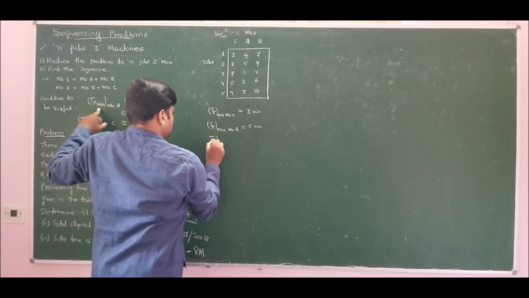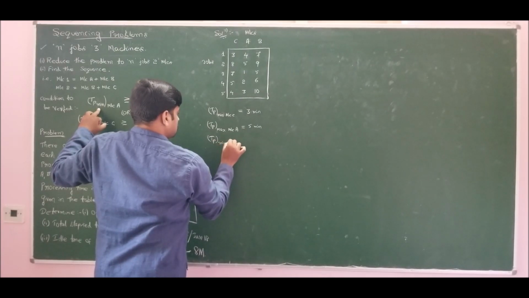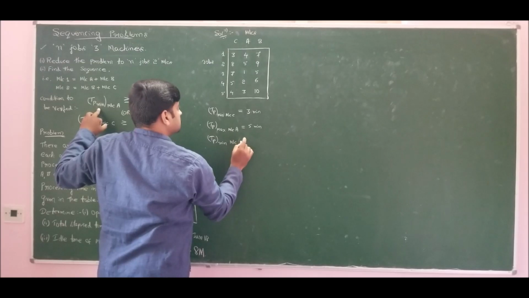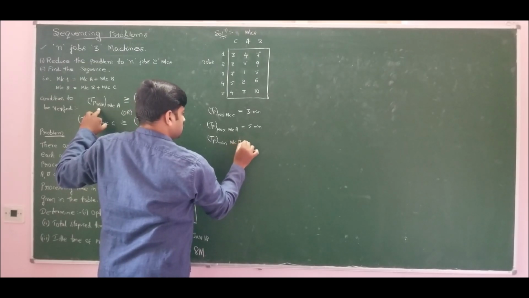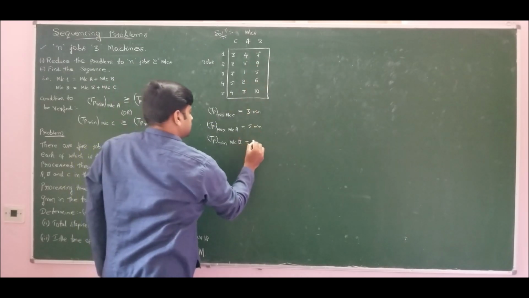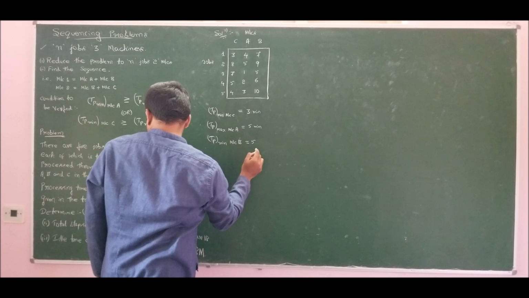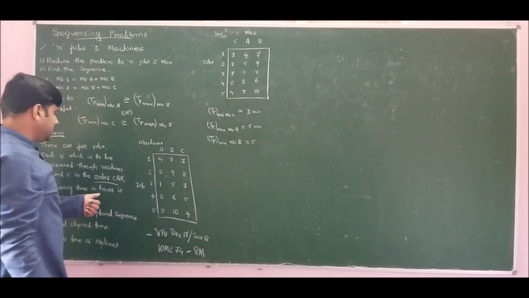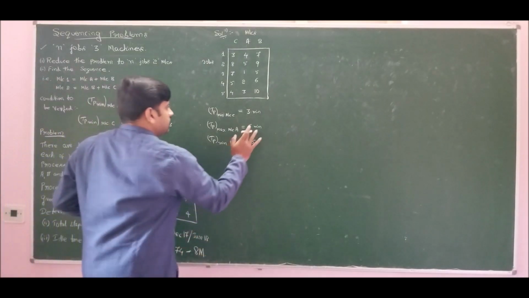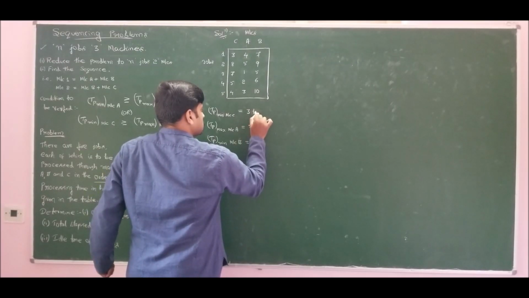And the last one is the minimum processing time on the last machine, which for us is machine B. The minimum processing time is 5. Sorry, the time is given in hours, so these are hours.